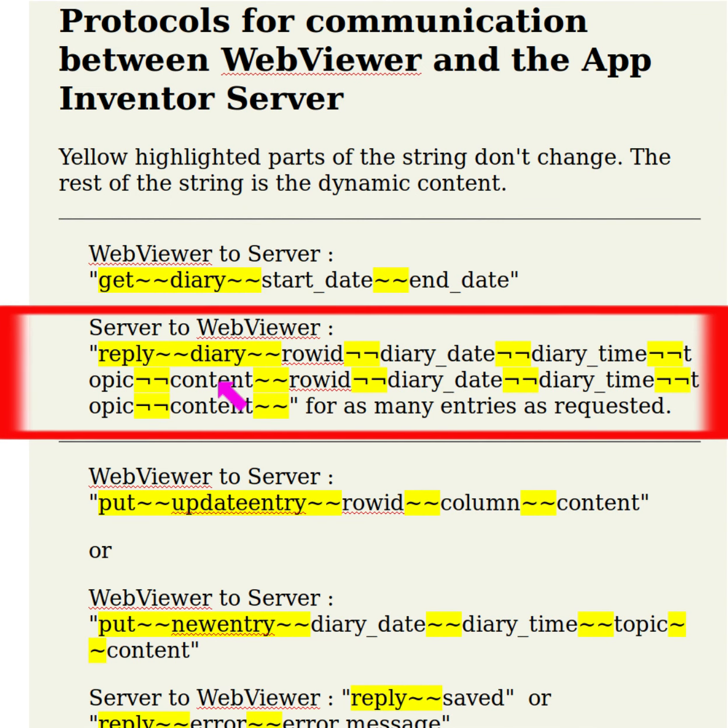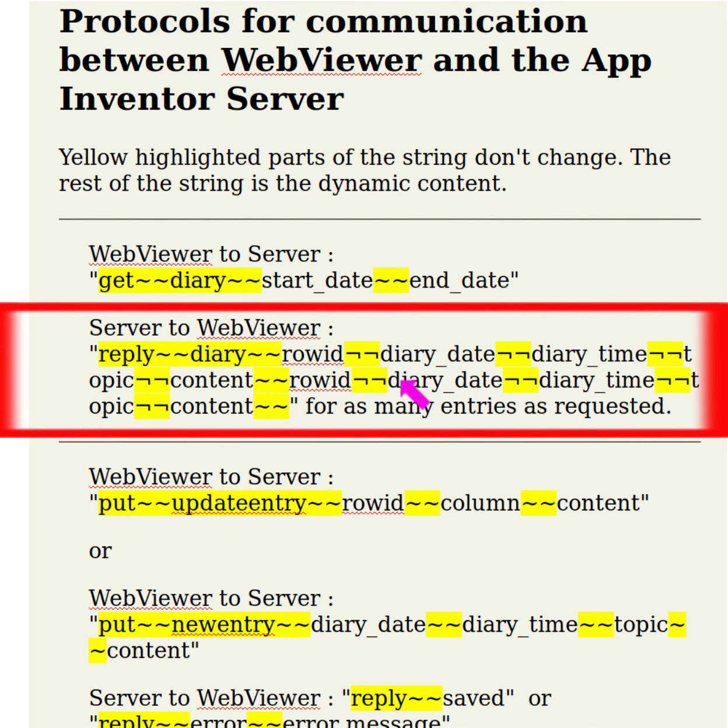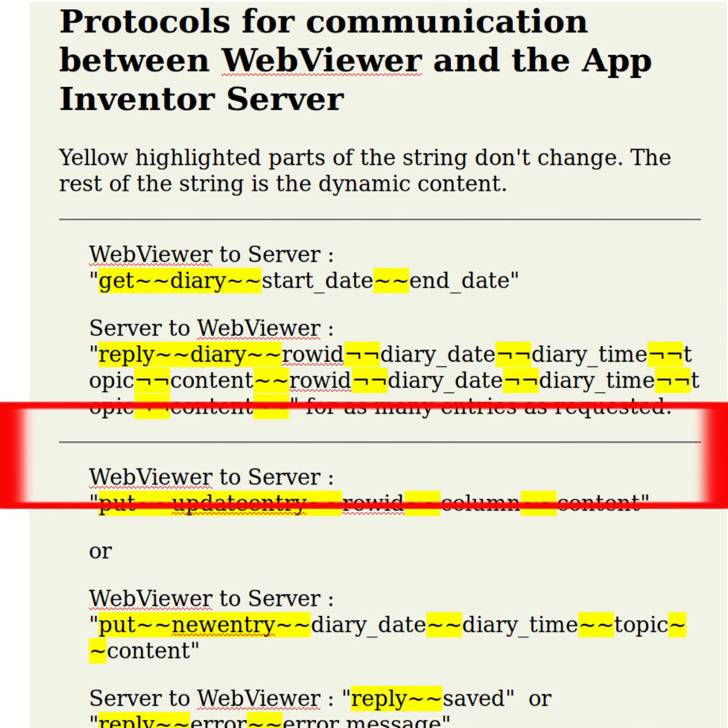And then we can continue with the row ID, and then the not symbols, diary date, diary time, topic, content, for as many entries as requested.